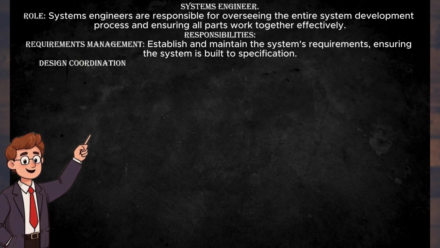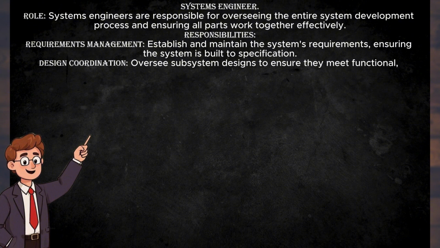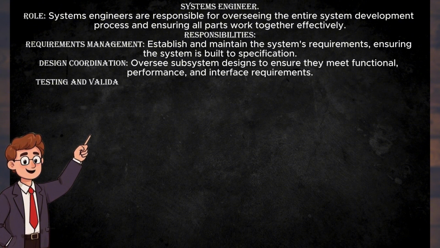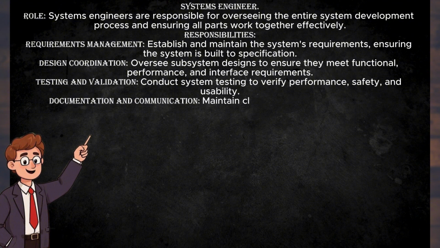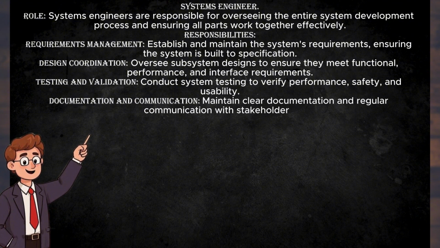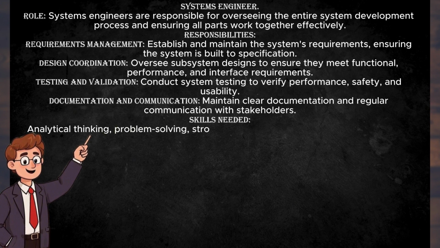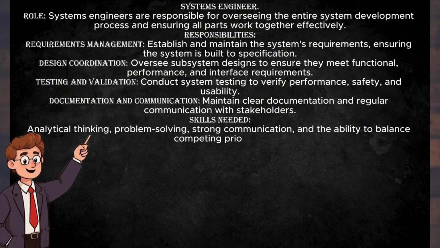Design coordination, oversee subsystem designs to ensure they meet functional, performance, and interface requirements. Testing and validation, conduct system testing to verify performance, safety, and usability. Documentation and communication, maintain clear documentation and regular communication with stakeholders. Skills needed, analytical thinking, problem solving, strong communication, and the ability to balance competing priorities.